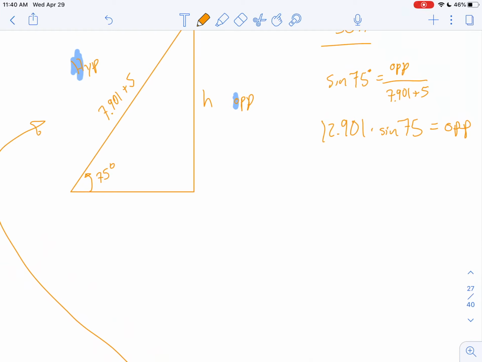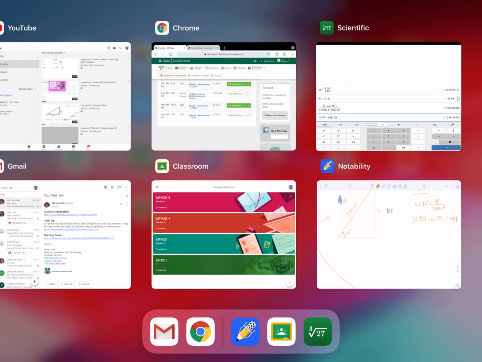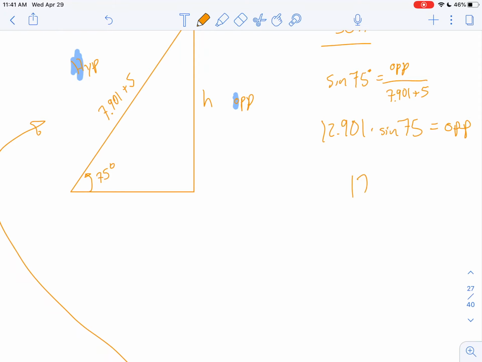And once again, throw that into your calculator there. 12.901 times sine of 75 degrees is equal to 12.4614. I'm going to round that to the nearest hundredth for a final answer, so 12.46. 12.46 meters would be equal to our height, our final height. That's what the question was asking for.